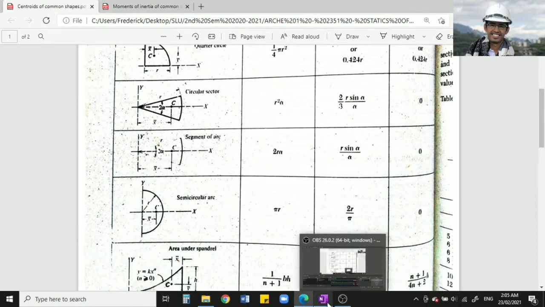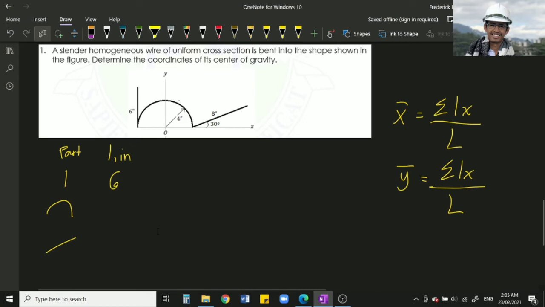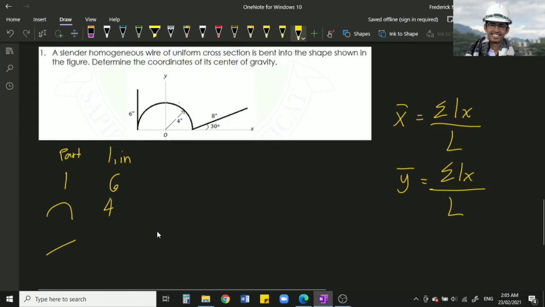Okay? So that will be pi r, yung r natin is 4. So yung length natin will be 4 pi. Okay? And then, yung ating length dito sa pang third material, so that will be 8 inches.